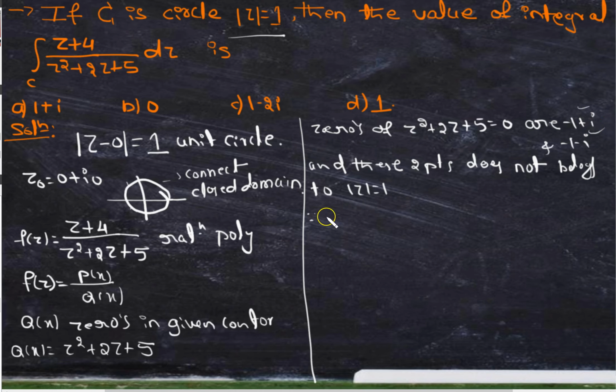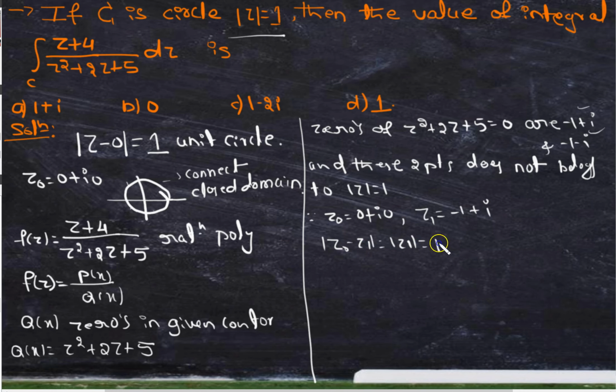How do we check that? This contour is given by the unit circle, and the center z0 is at the origin. I will call the first point z1, minus 1 plus i. Now I will check the distance between z0 and z1, which is simply mod of z1, because z0 is the center.